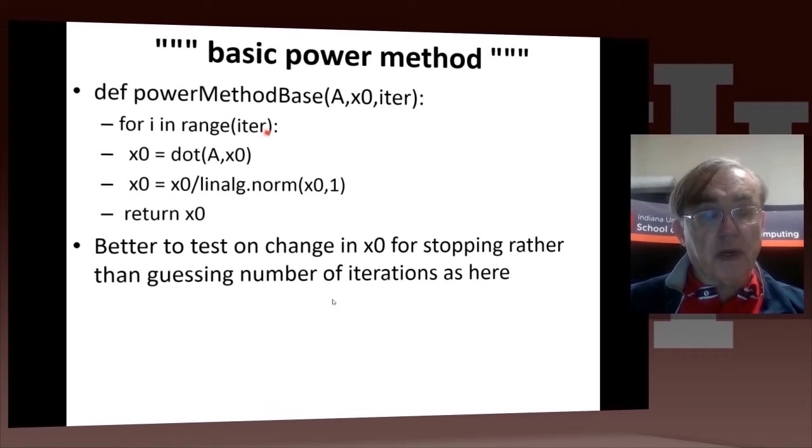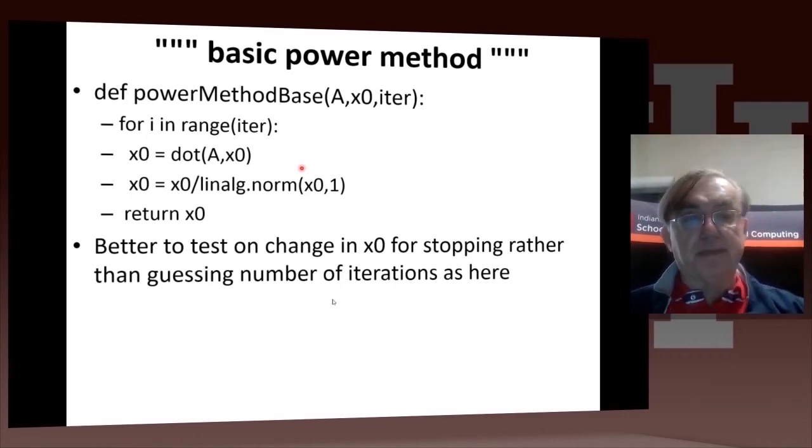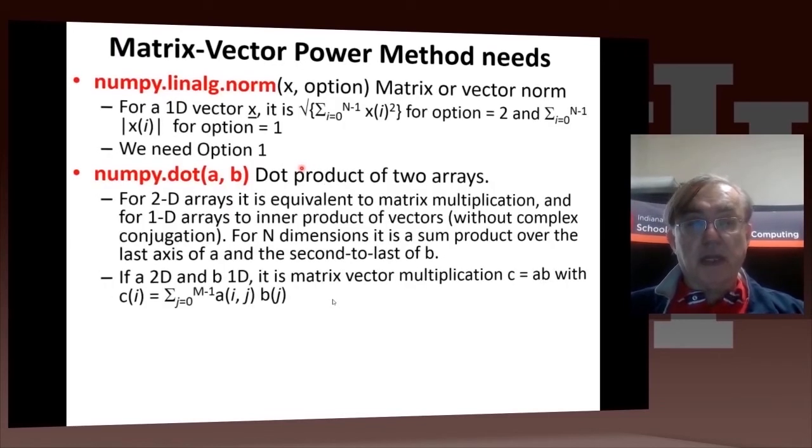The function I took from the web is slightly inaccurate. It just fixes the number of iterations. It's actually probably better to just stop when you reach a certain threshold change, and we'll come to that later on. We use these two built-in Python methods, the norm method, which I pointed out has an option. If the option is 2, it calculates the traditional Euclidean norm, and for option 1, it calculates the sum of the moduli. In this algorithm, the values of x are all positive, so the modulus doesn't actually matter.